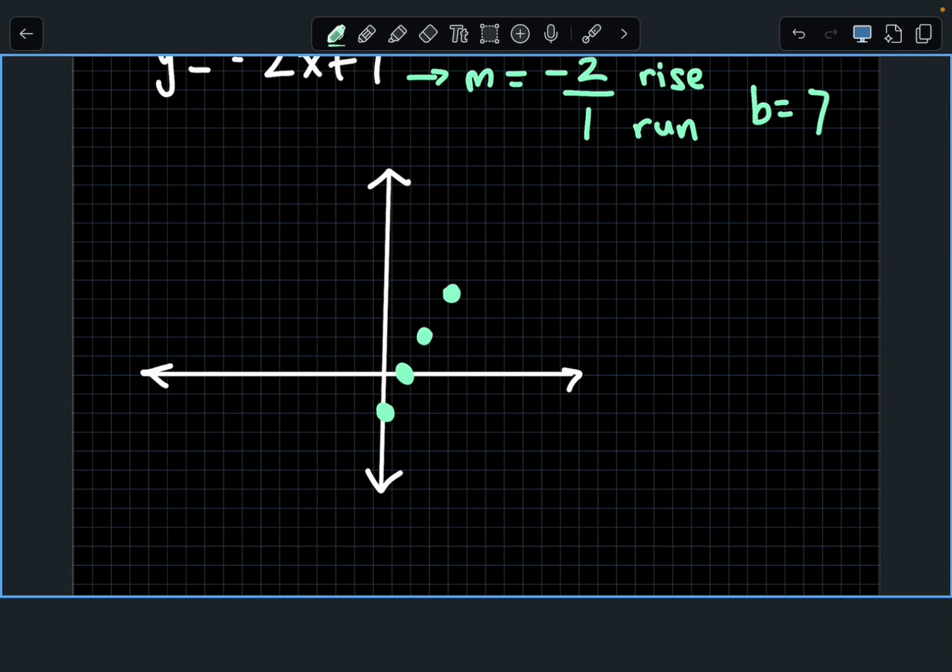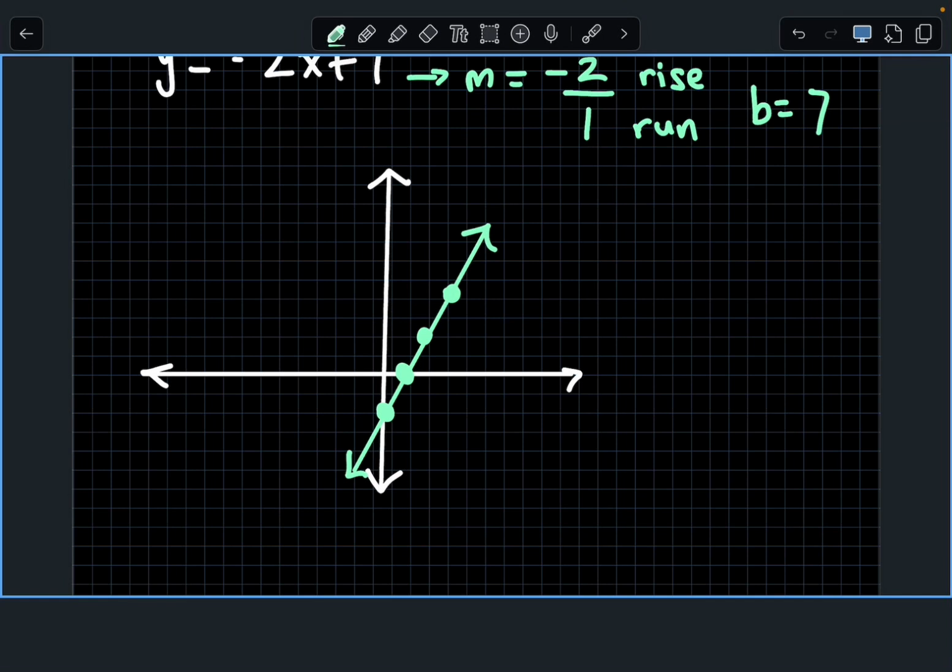Okay, so you guys have your points there. Yours might look a little different than mine because once again my axes are kind of weird since my spacing is weird.